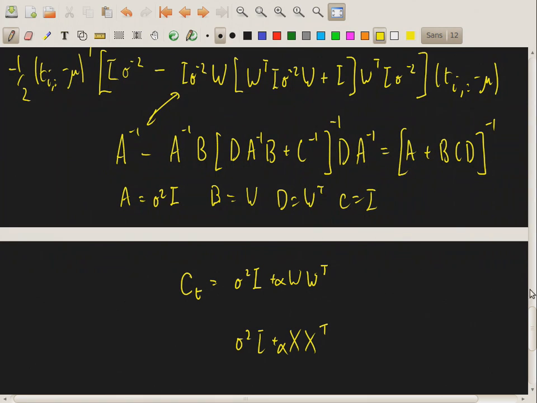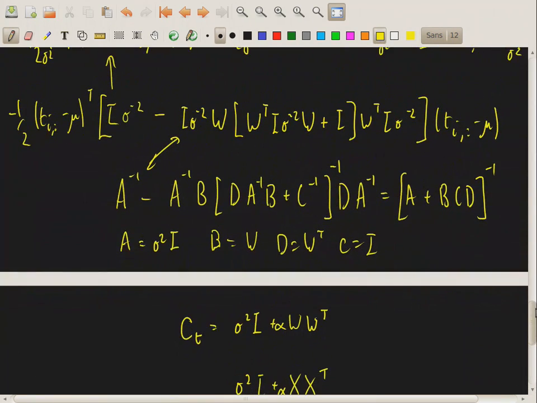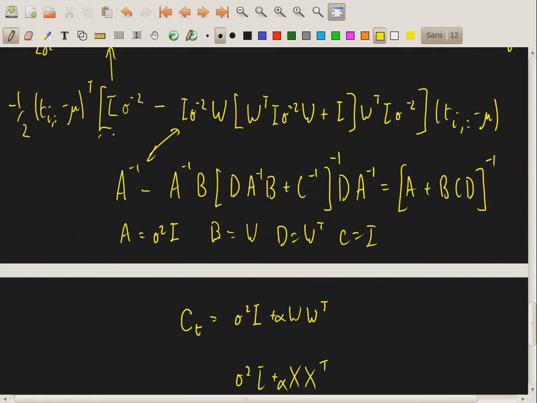So we've got all that rubbish into this C_T to the minus 1 form.